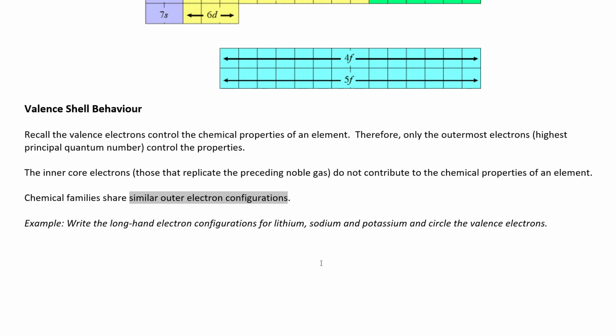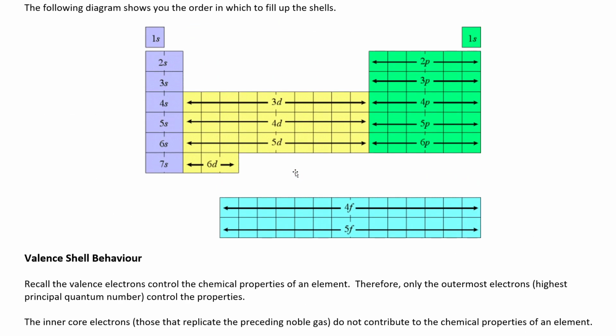Let's start off with lithium. So this is where we will use this diagram right here. Lithium is located right here. So that means to get to lithium, we have to fill 1s. Don't copy this in. You don't need to copy this arrow.